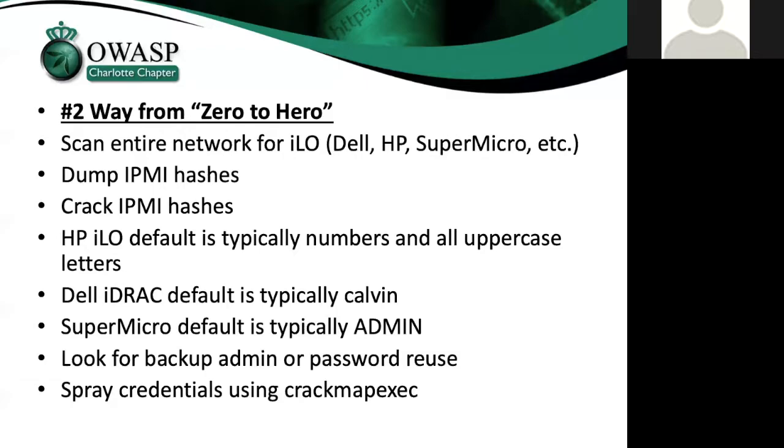So essentially, I would be able to boot up an external image and mount the actual physical hard drive on that server. So that would be all the VMs that are located on that, everything. I'd be able to remotely mount that, and from there you can dump the credentials from all those backups of the VMs per se.